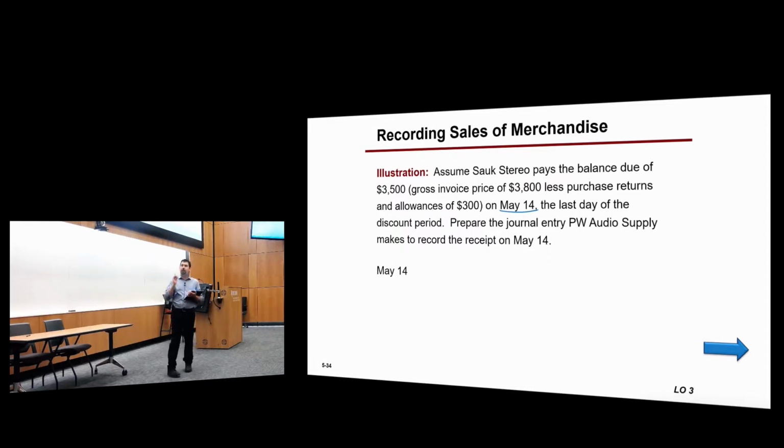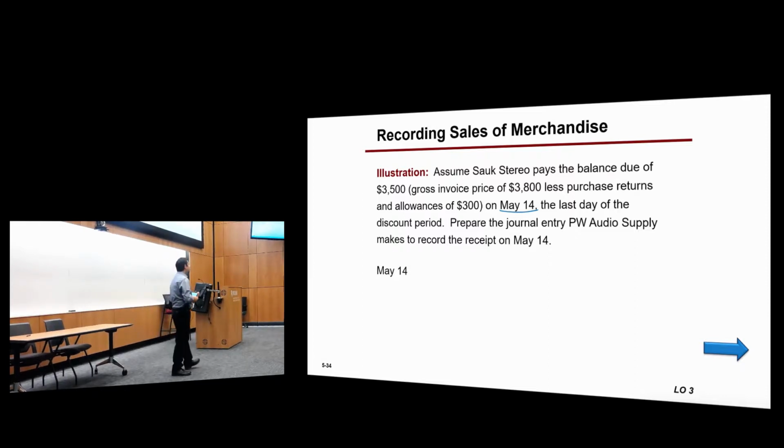They will simply tell you that it was paid on May 14th. You have to pay attention to the dates and the terms of sale. Remember, now you're playing the role of the accountant. No one is going to tell the accountant that this was paid during the discount period. They will simply give them the invoice and the payment. They have to actually know that.